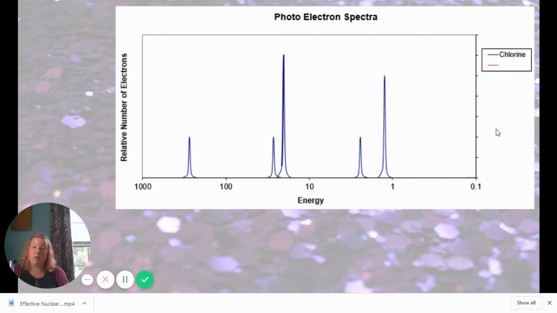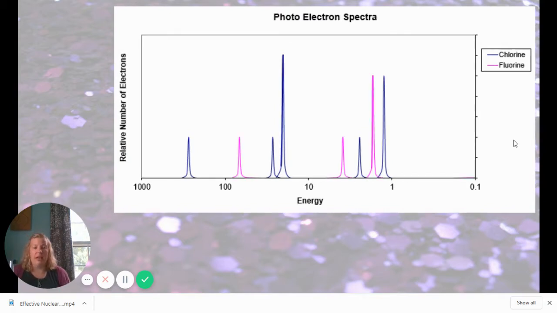Hopefully that makes sense. Remember, always find your highest electron value and then go from there. So the highest energy value here, then we go 1s2, 2s2, 2p6, 3s2, and then we're at 3p5 here. So this is chlorine, okay? Now, I'm going to superimpose fluorine on here. If you look, pink is fluorine, blue is chlorine.